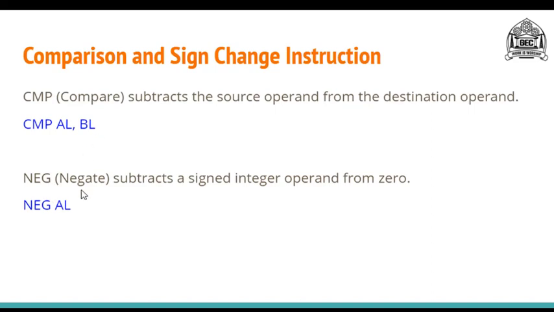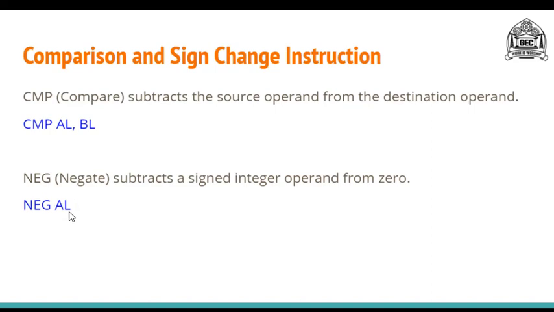Next one is the negate instruction. Negate instruction is used to subtract a signed operand from 0. It is nothing but a sign change instruction, and this is how it is specified in our ALP. The opcode used for negate is NEG, and this is the operand. So in negate we just give one operand.